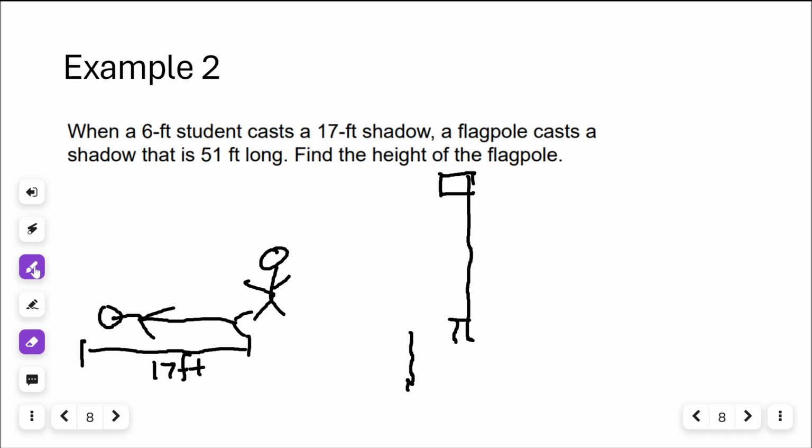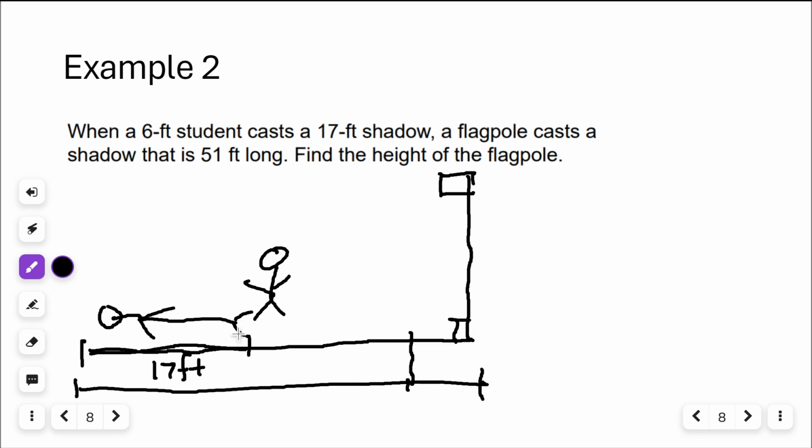I don't like where I made that line. I want to make my line here. So this whole distance here, all the way across, is 51 feet. Find the height of the flagpole. Oh, and this guy is 6 feet tall. Okay. I want to figure out how tall this flagpole is.